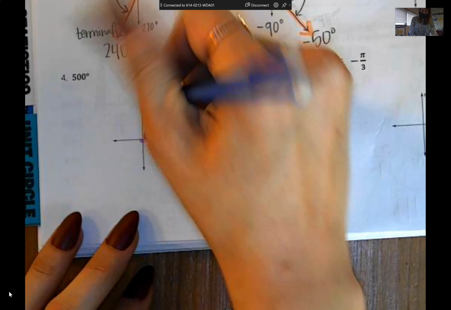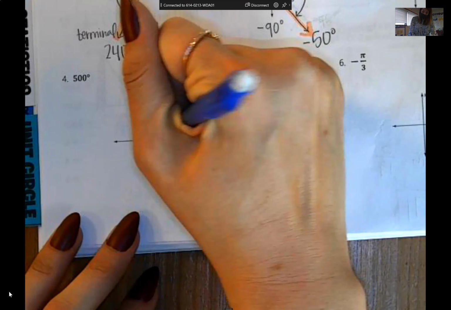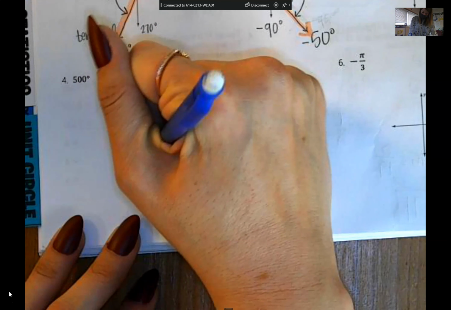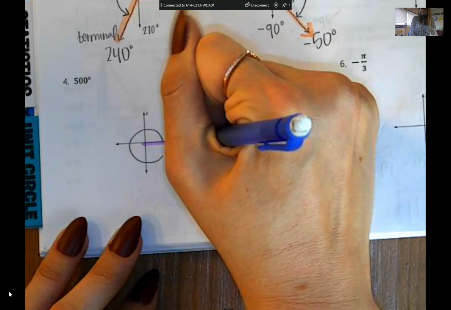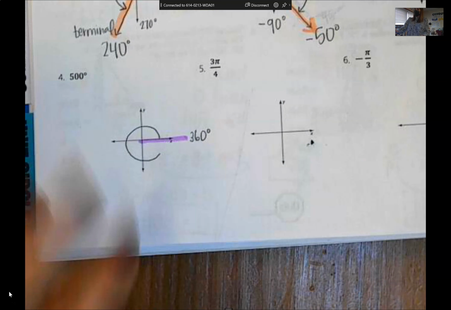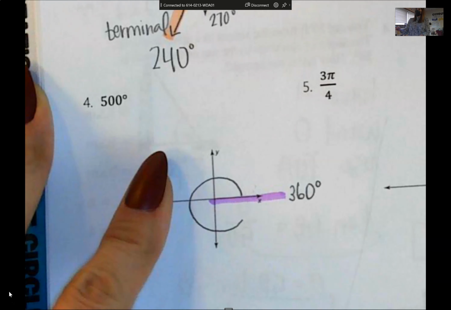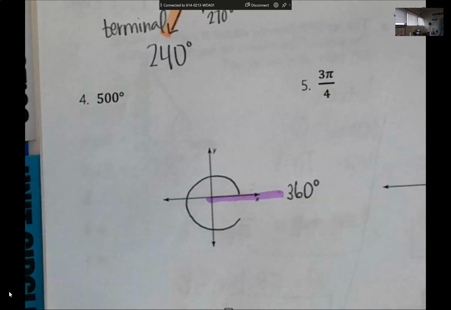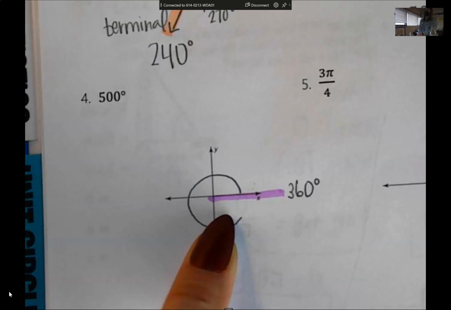Now, if we go all the way around once, so we make a full circle, that's 360 degrees. So the 360 degree line is at the same spot as the 0 degree line. And we know the difference because of whatever we have drawn here.